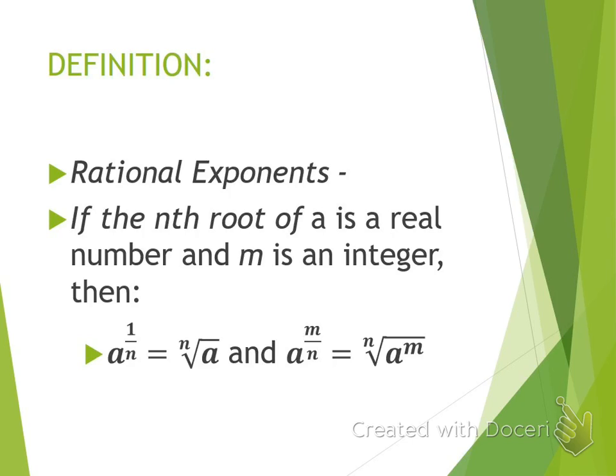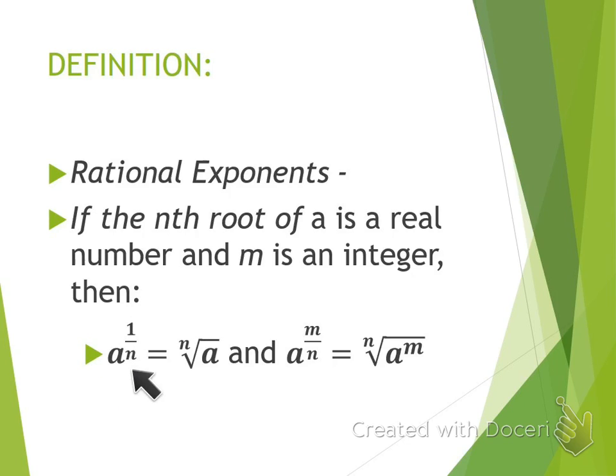All right, just a more formal definition about rational exponents. If the nth root of a is a real number and m is an integer, then a to the 1/nth power is the same as the nth root of a. We've already looked at that.